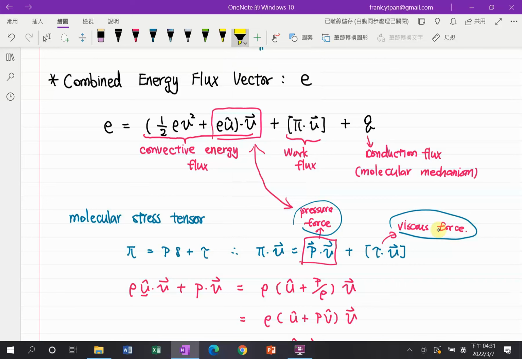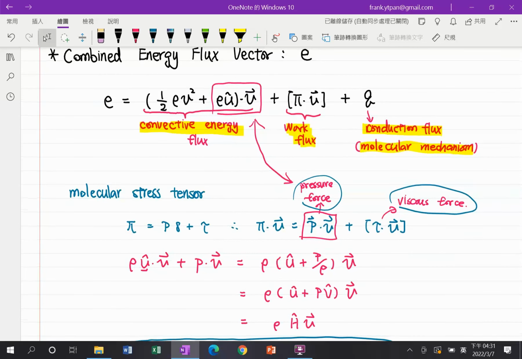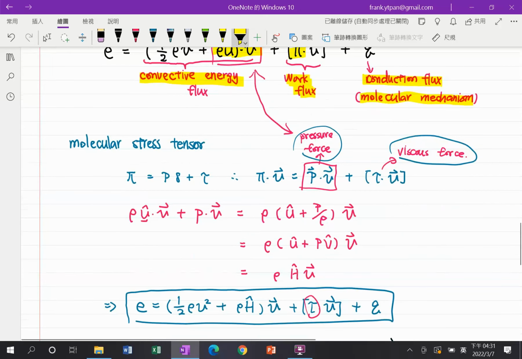One is the convective energy transport, one is the work associated, and then it's the conduction, or based on molecular mechanism. And what we're doing here is basically just rewriting this equation such that we combined part of the convective energy flux with part of the work flux. So we combine the internal energy and the pressure force term here to become the enthalpy term.